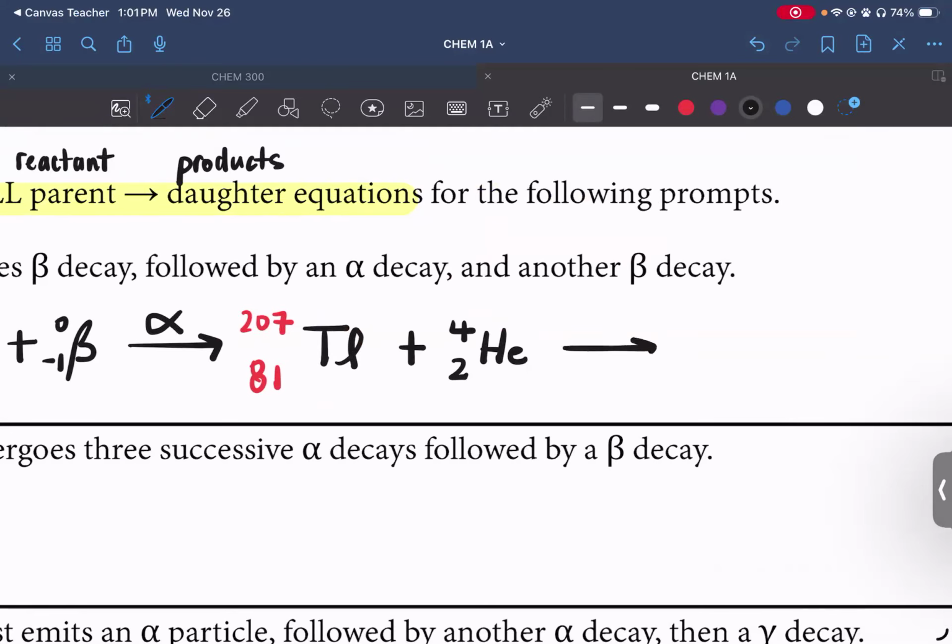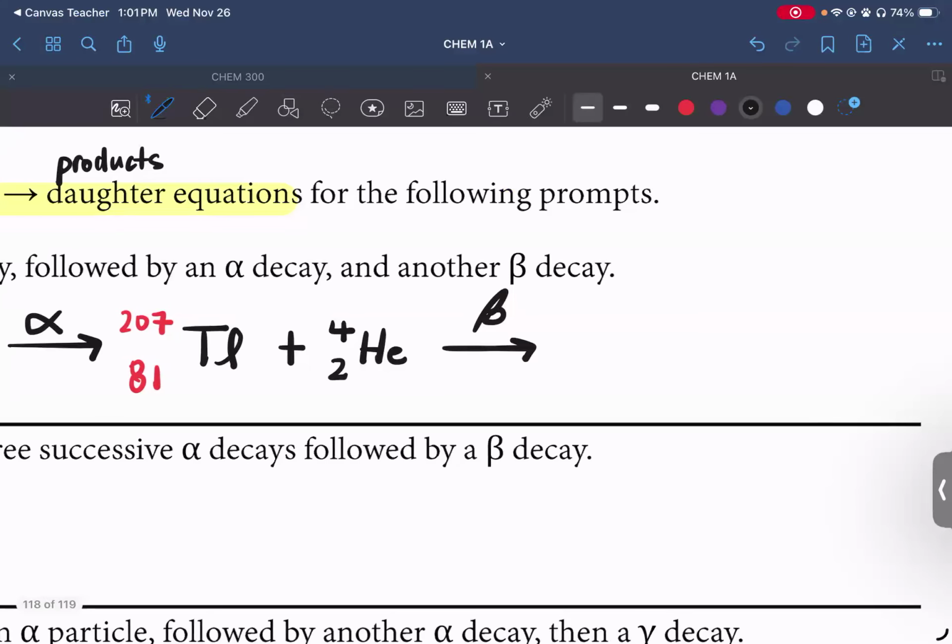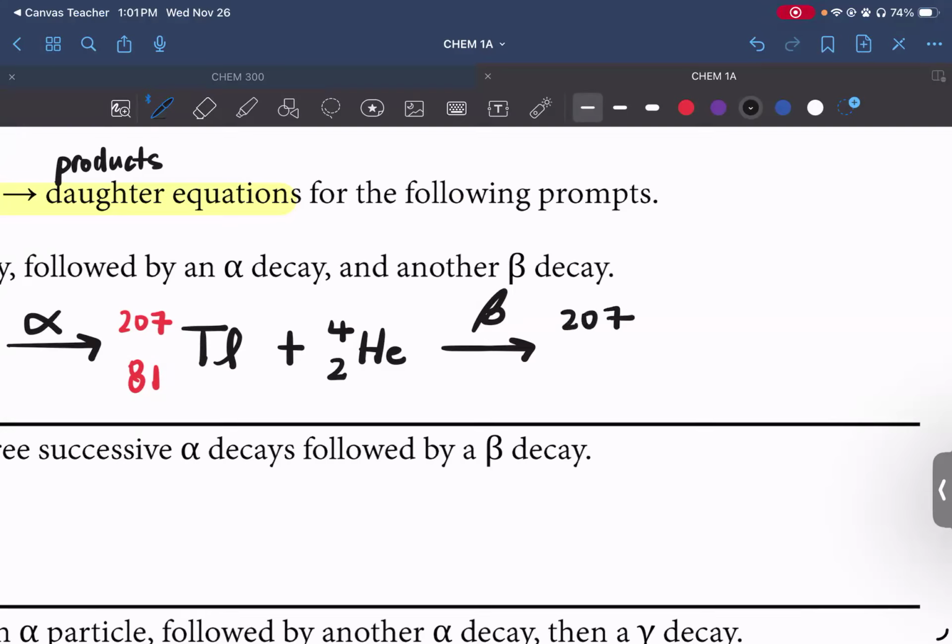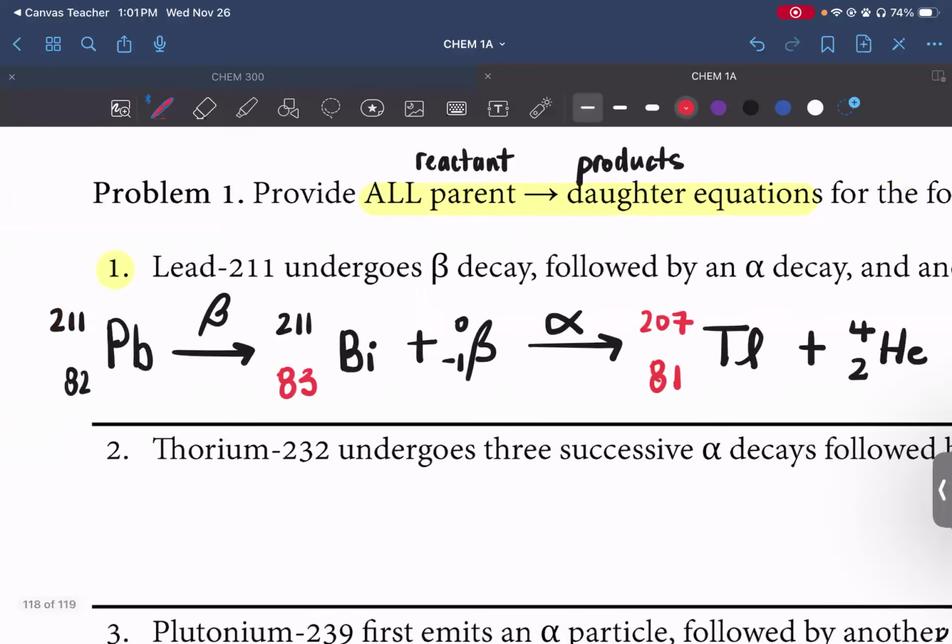And then finally, another beta decay. In the case of beta decay, nothing happens to the mass. The atomic number goes up by 1. Atomic number 82. We've already seen that. In fact, it was the very first one we dealt with.